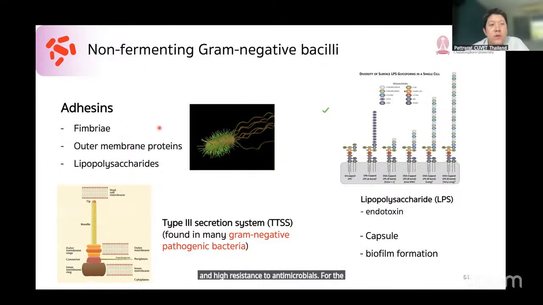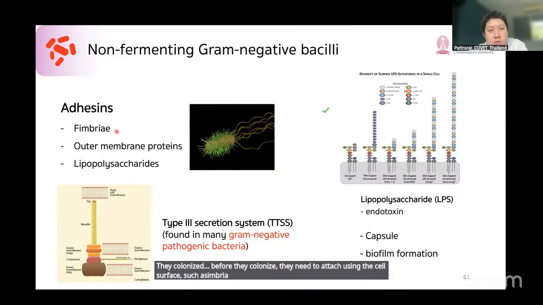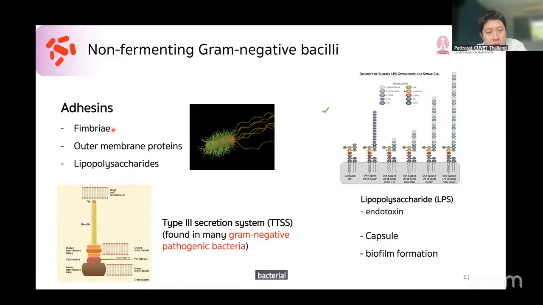For common virulence, they have adhesins, right? This is the first step of bacterial pathogenesis. Before they colonize, they need to attach using cell surface structures such as fimbriae in gram-negative bacterial species.